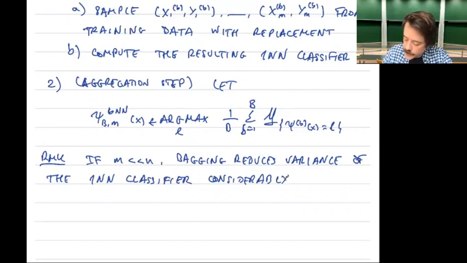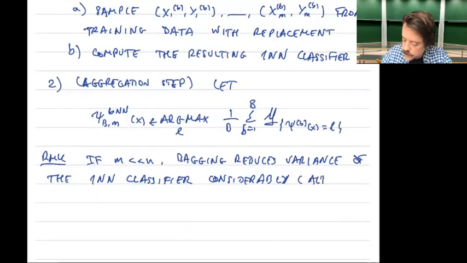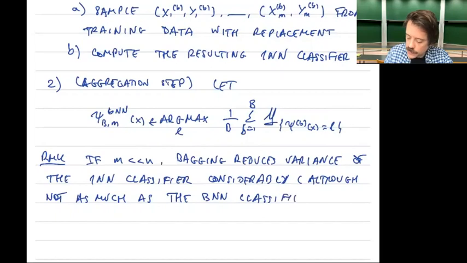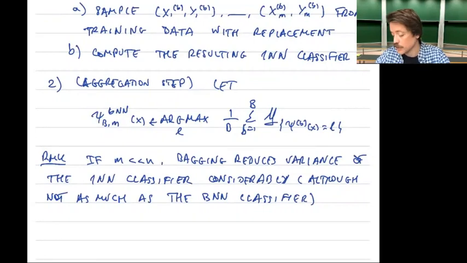Okay, but let's say maybe not as much as the BNN classifier, by which I mean, of course, to look at the capital B nearest neighbors, which is something that we could have done, right?